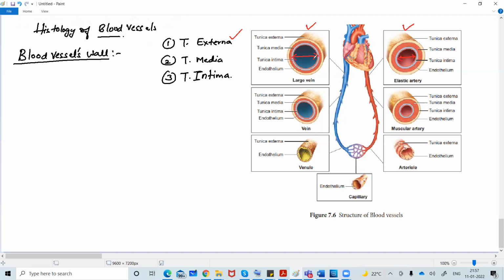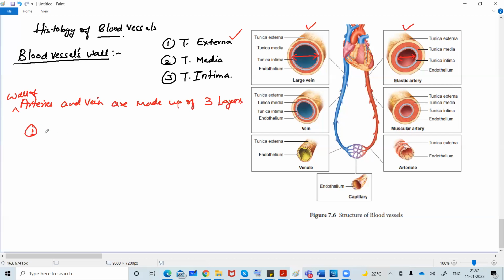Arteries have narrow lumen, veins have larger lumen. Right? So you can see that the wall of arteries and vein are made up of three layers.